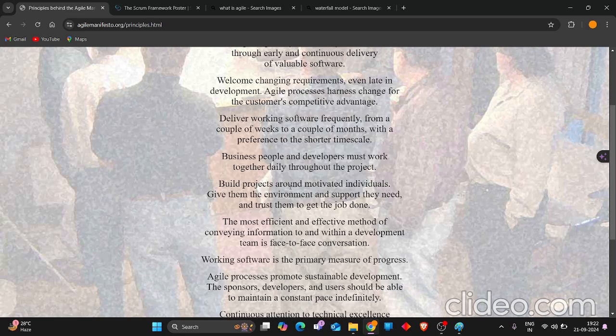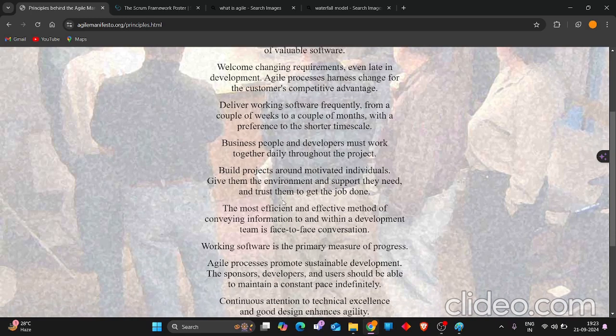Fifth: build projects around motivated individuals, give them the environment and support they need, and trust them to get the job done. We should do our project with individuals who are motivated, so that the project could be done fast.